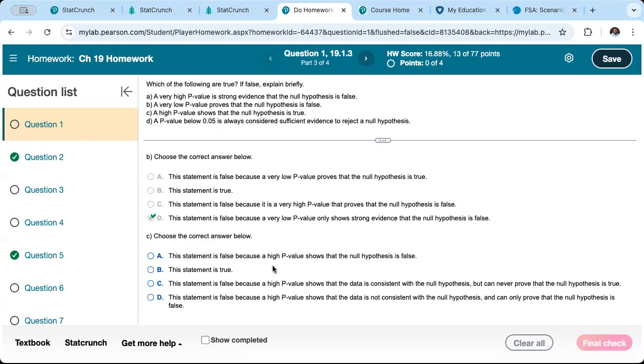So when we look at the options here, we can clearly see that A is out, B is also out. So the statement is false because a high p-value shows that the data is consistent with the null hypothesis, but can never prove that the null hypothesis is true.